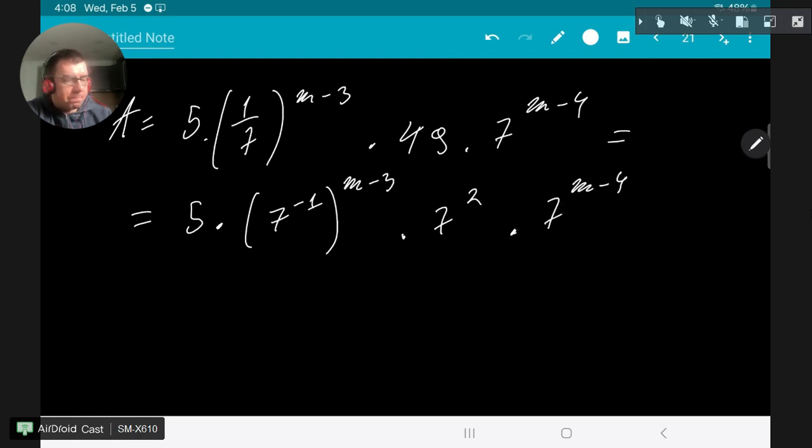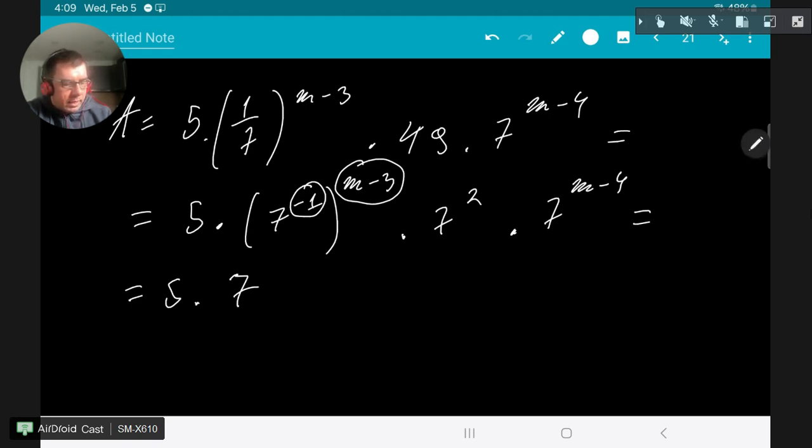Now I apply the property which says a to the power of n to the power of m equals a to the power of n times m. So I multiply these two exponents here, and I get 5 times 7.